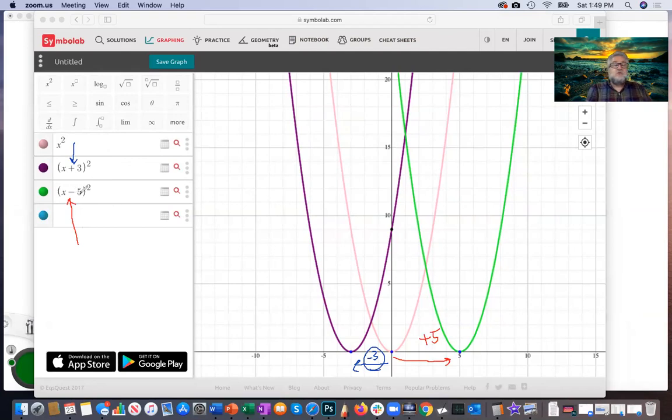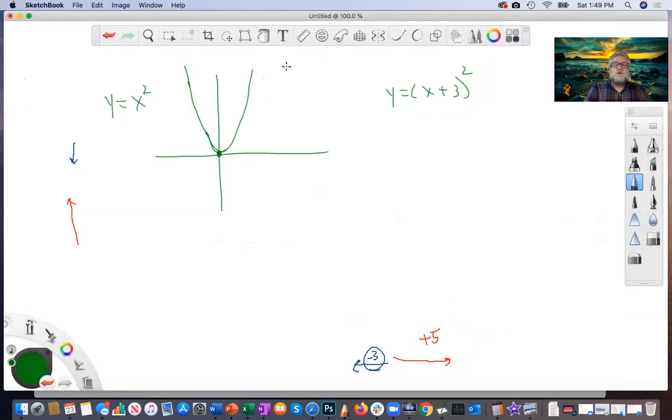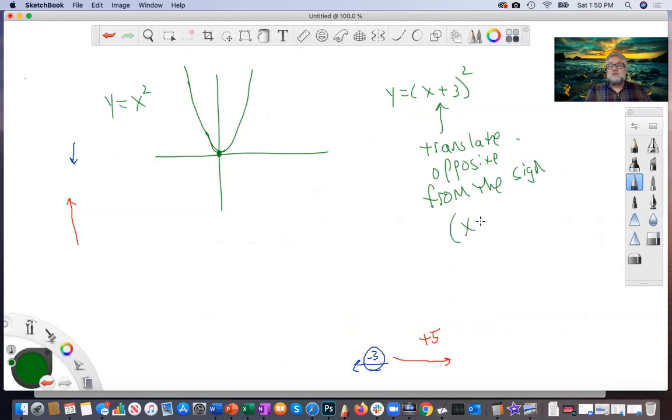So this is referred to as a translation. And when you translate something, the rule is that whatever the sign is, you always translate opposite from the sign. Now this is true when it's in parentheses and the exponent is acting on it inside the parentheses.